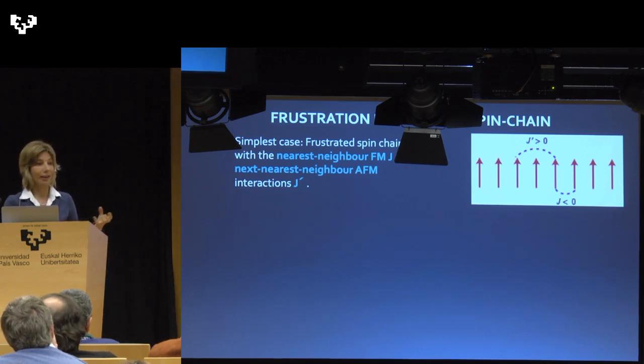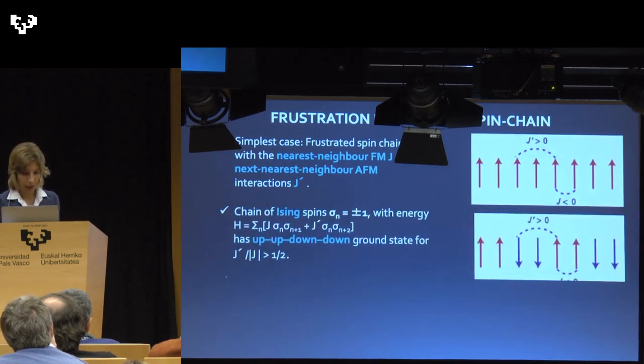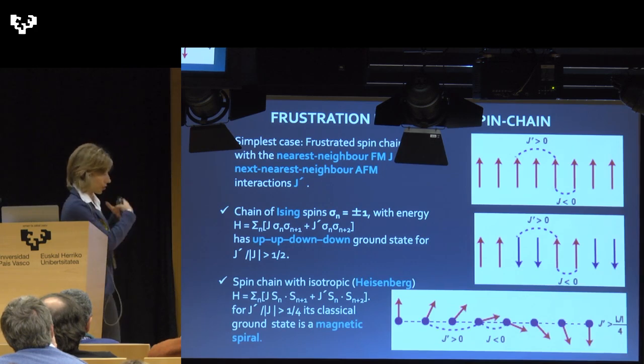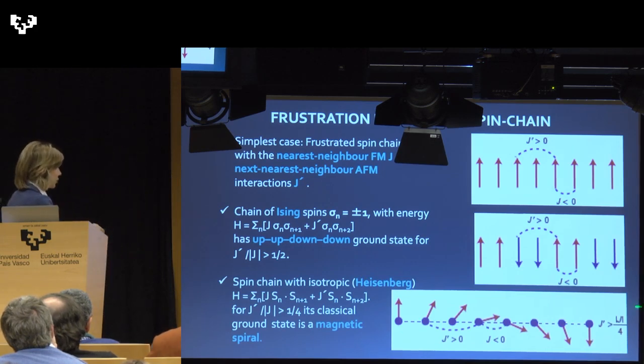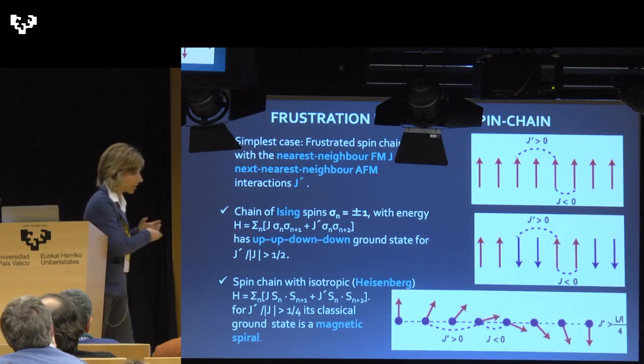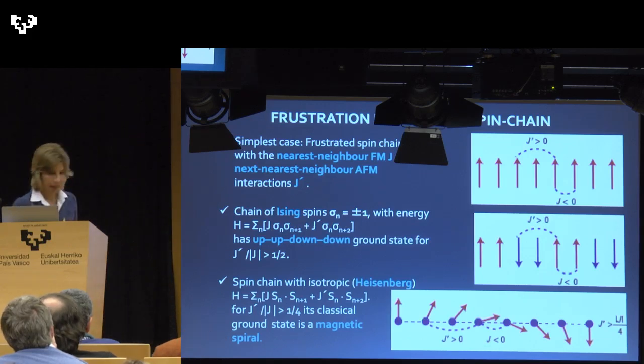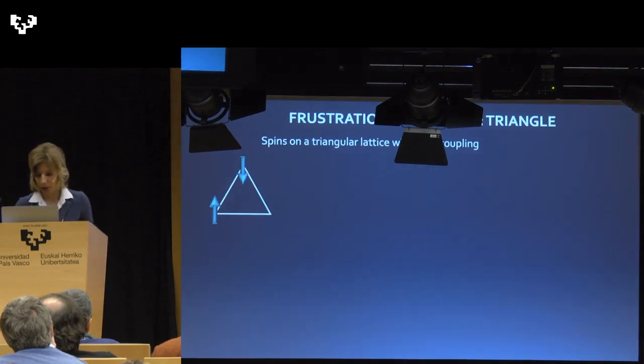Then you cannot satisfy all the interactions at the same time. Usually the ground state is non-collinear, and if the frustration satisfies certain limits, the ground state is a spin spiral. The other paradigmatic example of frustration is the triangle, where you have an antiferromagnetic coupling on a simple triangle.